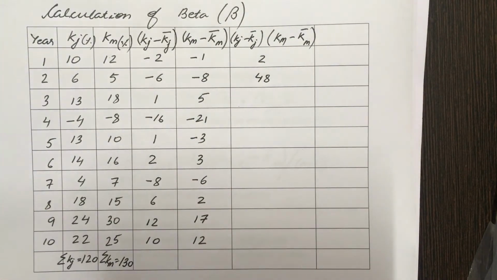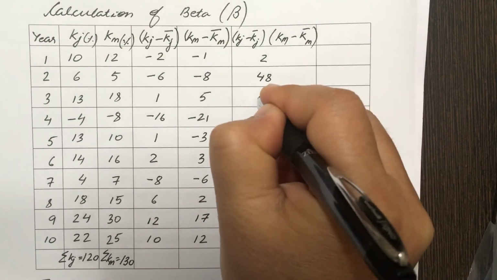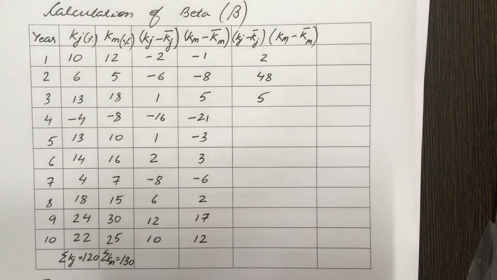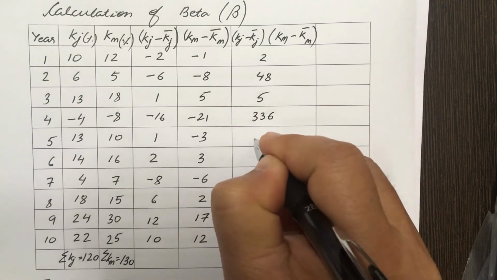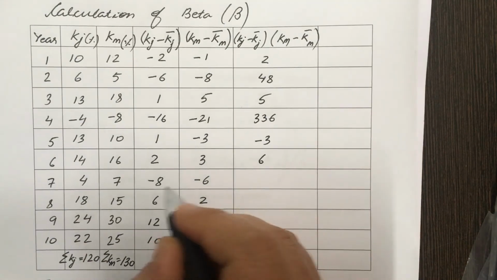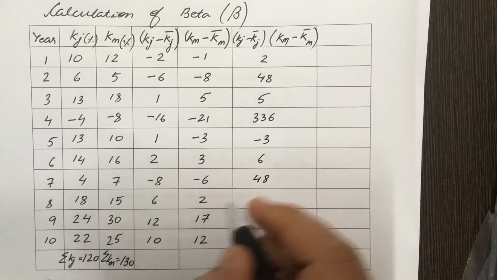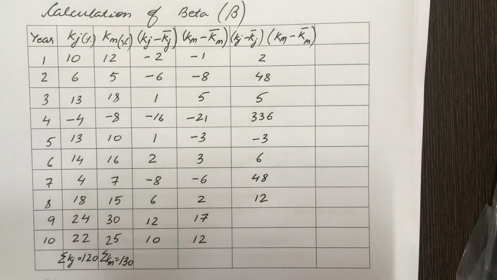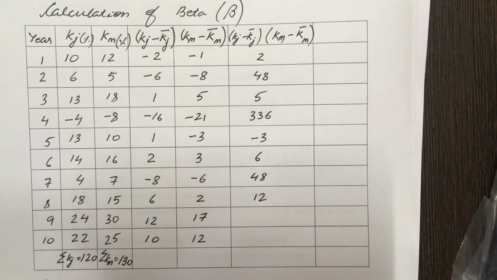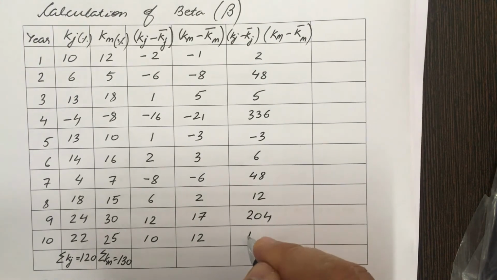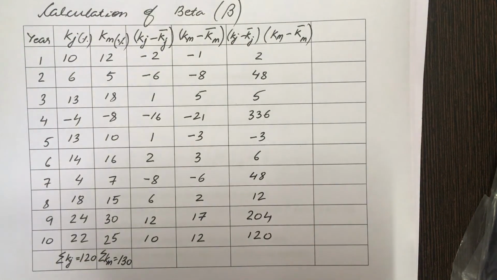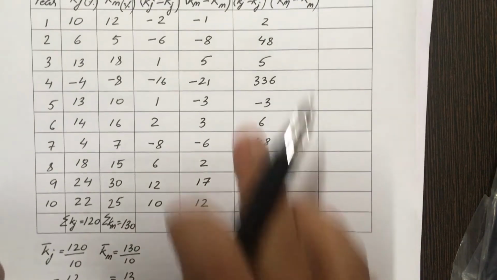Okay, a negative times a negative is equal to positive. This is 5. This will be 336. This will be minus 3. This will be 6. 48, 12, 204 and 120.